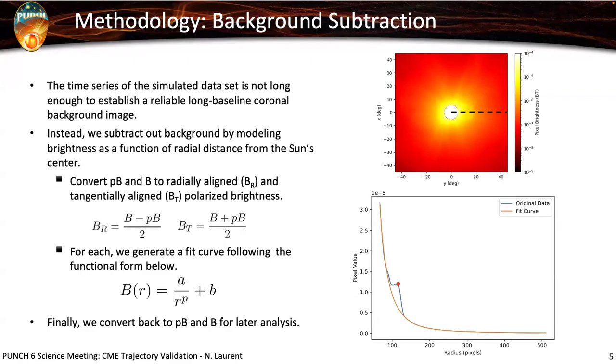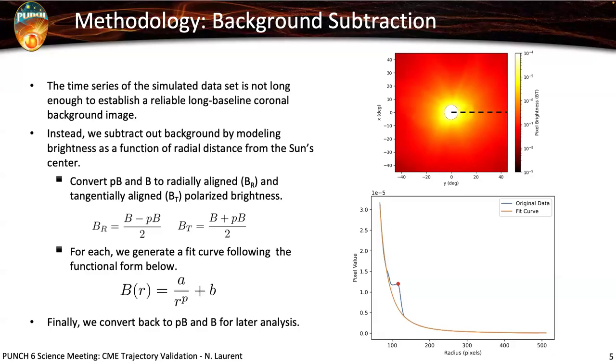So to combat this, we implement a background subtraction method. And since the time series of the CME challenge dataset is not long enough to establish a reliable long-term baseline, we used a method that uses a single image, and we sample along a radial line passing through the selected point on the CME front, and then fit a function to that data.